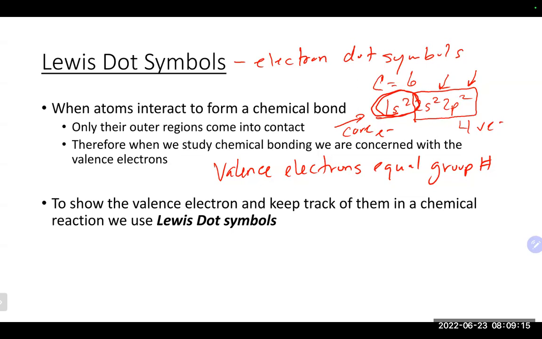So we show the valence electrons, which again are the ones involved in bonding, by using Lewis dot symbols. Lewis dot symbols are pretty much the symbol and 1 dot to represent each of the valence electrons that are there.